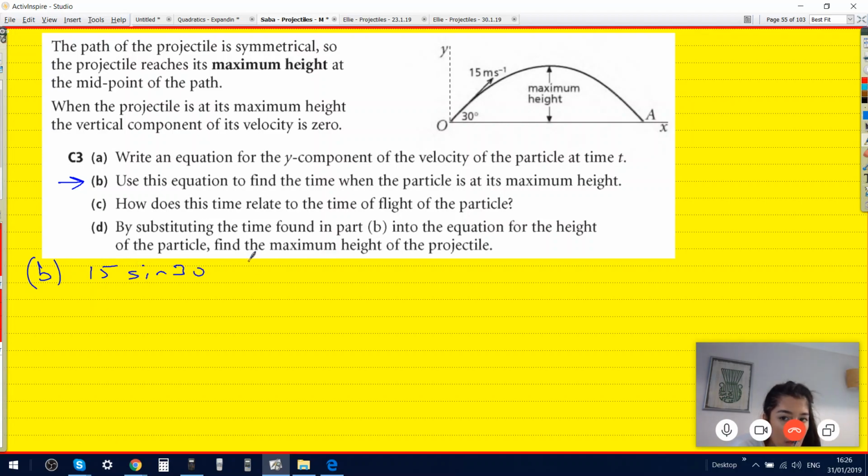Or you could have the time of flight and do it that way. Pick one. It's symmetrical, so let's go with half the time of flight. Okay. Which one's easier? Listen to your heart.